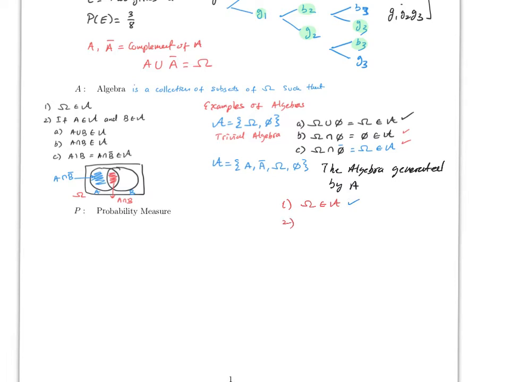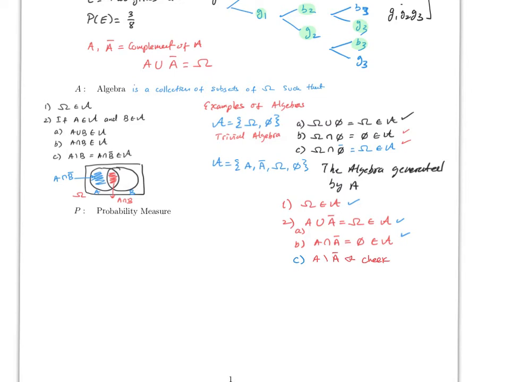And for 2, notice the A union A complement is equal to omega, which again belongs to A. And then part B, A intersecting the complement will give you the empty set, which again belongs to A. And then finally you can check that part C also belongs to A. Just check this, should be obvious.